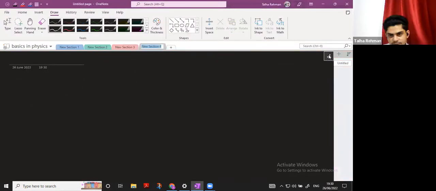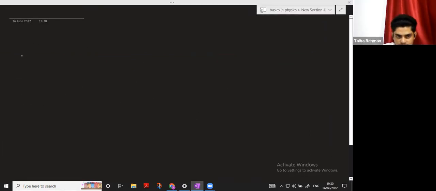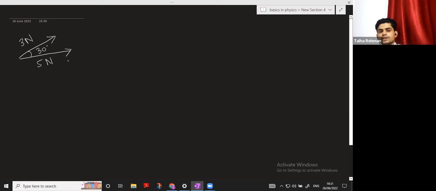So now let's see. Suppose two vectors are given like this. This is of 3 Newton and another vector is given like this. This is of 5 Newton and the angle between them is 30 degrees. And we have to find the resultant of these two vectors.